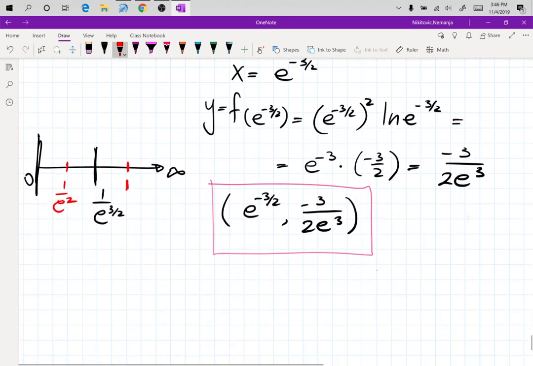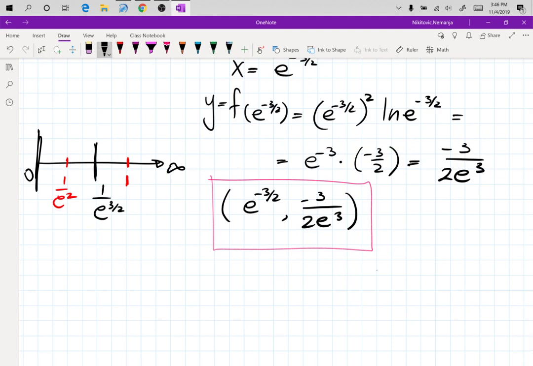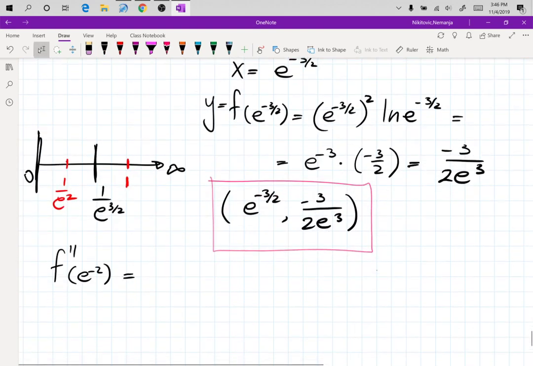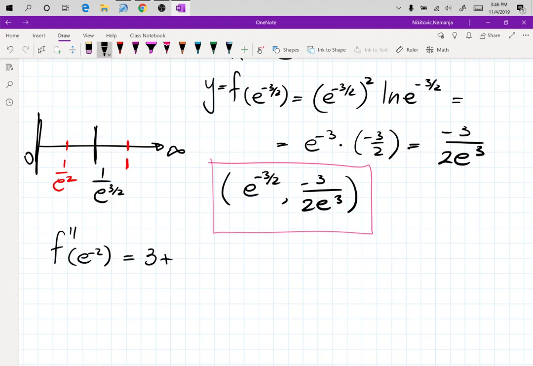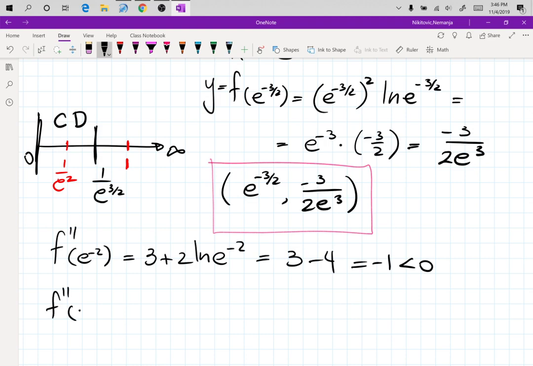And now we just run the second derivative here at e to the negative 2. The second derivative was 3 plus 2 ln of e to the negative 2. This will be 3 minus 4, which is negative 1, less than 0, concave down. No, we are using 1.